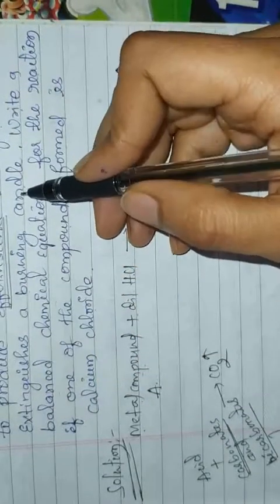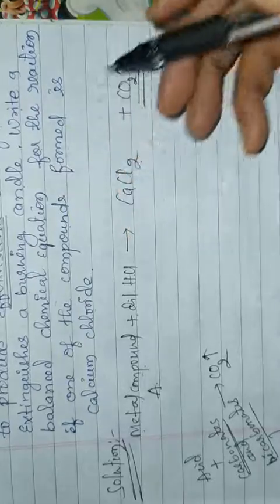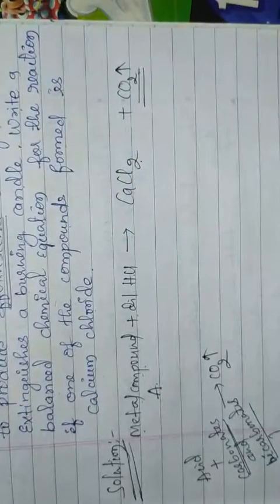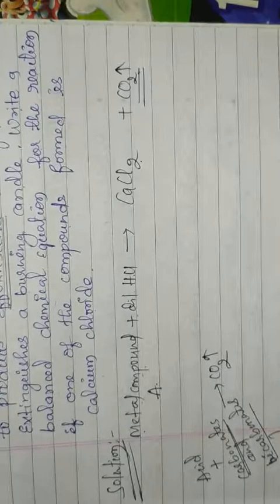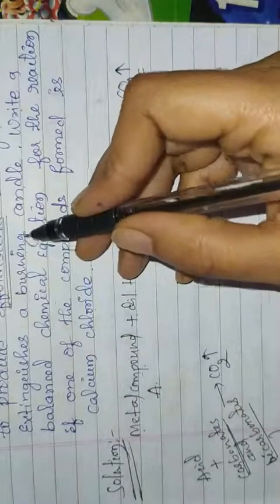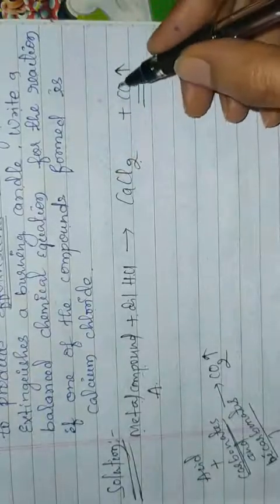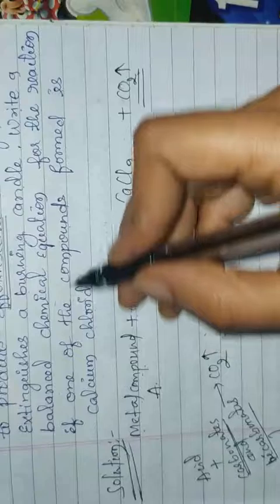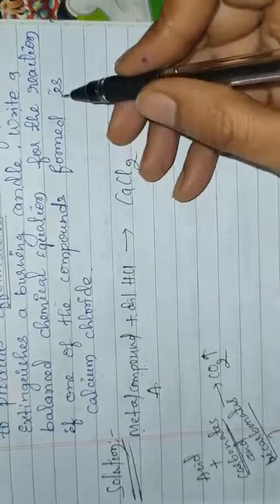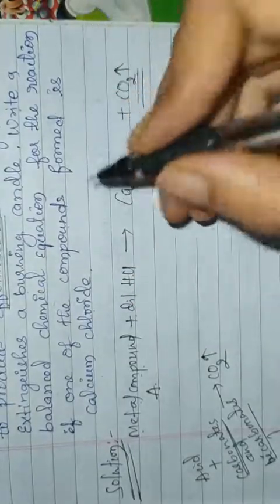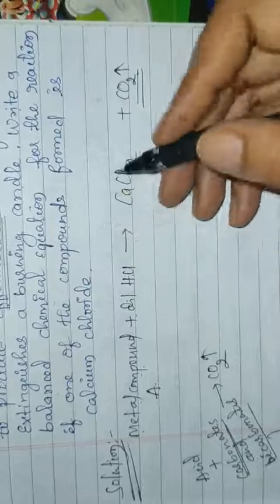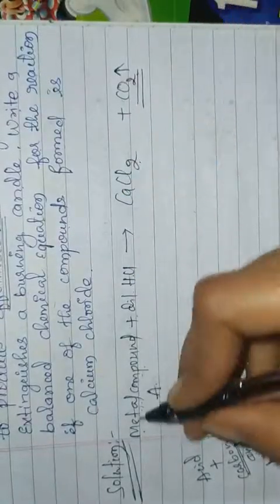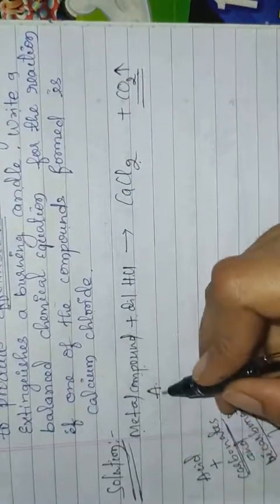It means oxygen gas is the supporter, but carbon dioxide is not a supporter of burning or combustion. Therefore obviously the gas released will be carbon dioxide. Also they have given the product formed in this reaction, that is calcium chloride. Now we have to find out this metal compound.